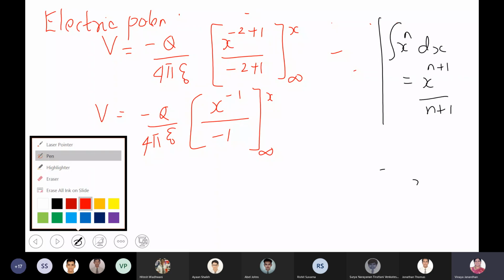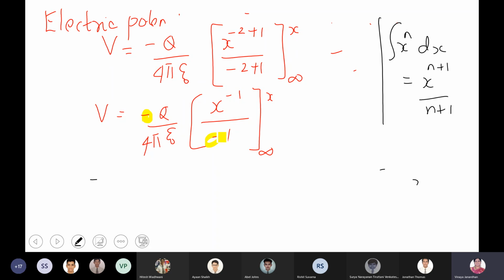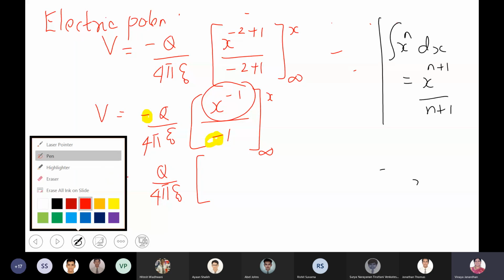So now this negative sign and this negative sign cancel. So V is equal to Q by 4 pi epsilon naught x to the power of minus 1. How can I write x to the power of minus 1?